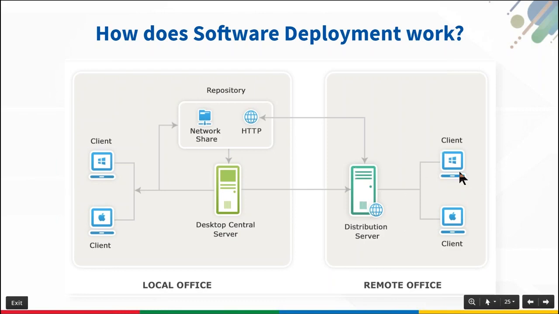Let's say that you have configured a remote office with the distribution server. In that case, this distribution server will download the required files from the HTTP repository and keep them here. And from here, the agent machines will download them locally and just install them. If the machines are directly on the internet, they will reach out to the server directly and download the files through HTTP and install them. So these are the two types of repositories that you can use here.